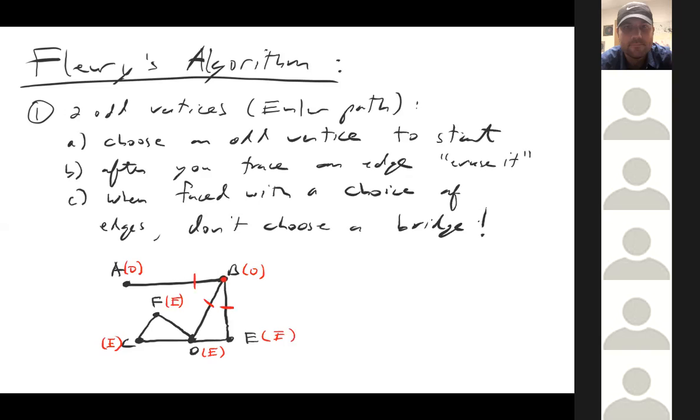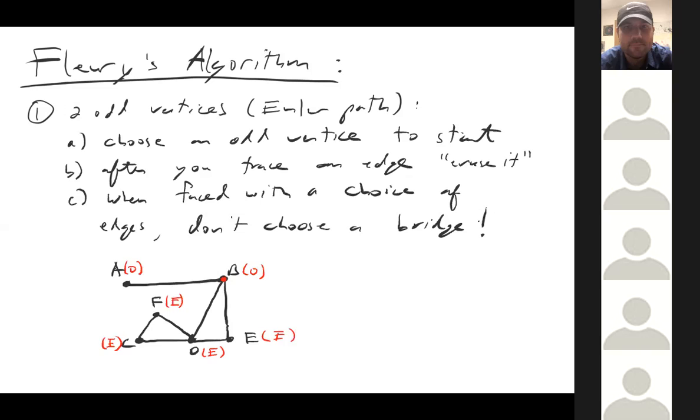I have 3 choices. Well, the only rule is I don't want to choose a bridge. Isn't this a bridge right here? The reason it's a bridge is because if I delete it, it makes the graph disconnected, because now A is off on its own. So I can't choose that one.